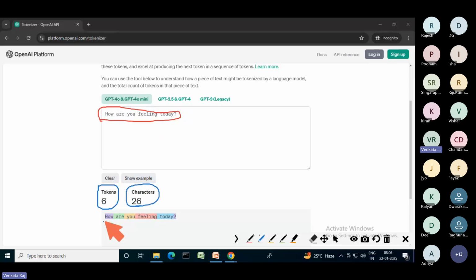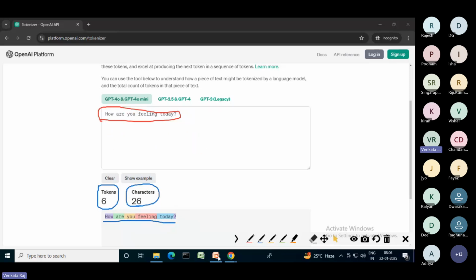And you see the color coding here, guys. How are you feeling today? And the question mark is also a token. Are all of you clear, guys? I showed you how this tokenization happens in the backend, whatever text we are entering.